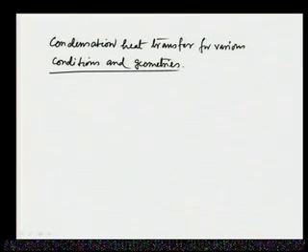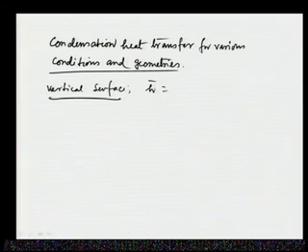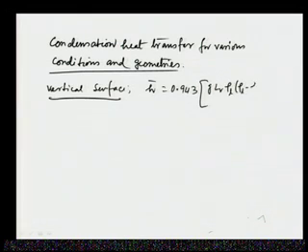Now, in the last class we discussed that for a vertical surface, we found from theoretical developments that the average heat transfer coefficient, h bar, is given by: 0.943, then g is the gravitational acceleration, L_V is the latent heat, rho_L is the density of the liquid, then rho_L minus rho_V, where rho_V is the density of the vapor, k_L is the thermal conductivity of the liquid, whole cube, divided by mu_L, the viscosity of the liquid, then L is the length of the vertical plate on which the condensation takes place, and then T infinity minus T_W.